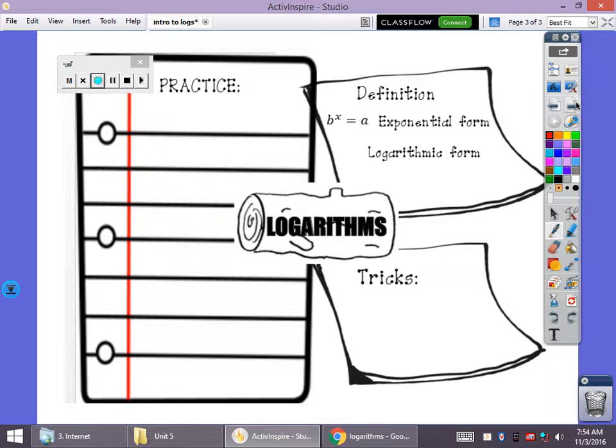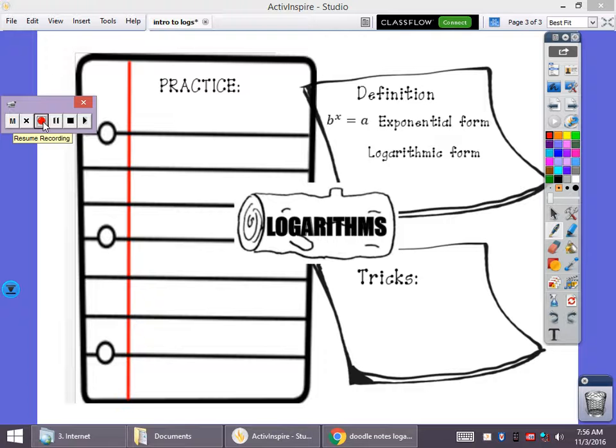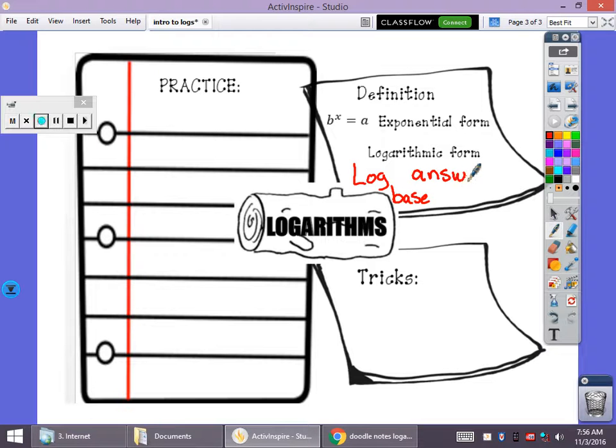So b to the x equals a is exponential form, okay? And now we need logarithmic form. Logarithmic form takes on the form of log, base, answer, equals, exponent. Log sub base, answer, exponent.